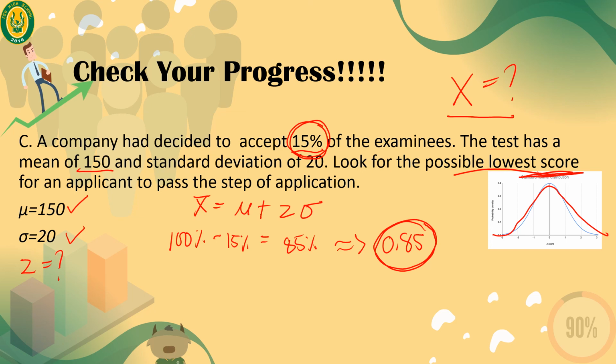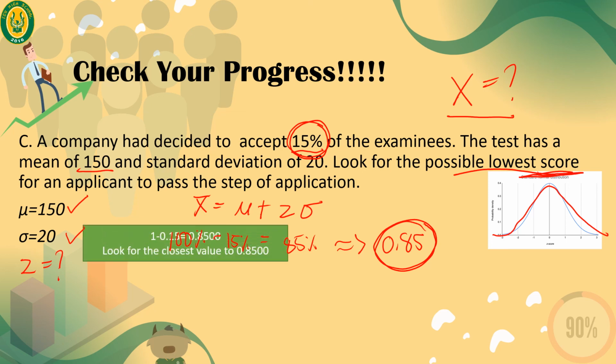Okay, so once you look at the table, the z-score closest to 0.85 is 1.04. Okay, let's just erase the wrong things. It's actually 1.04. That should be the value that you will get out of the table. And then you will now take this value and use it in this equation.